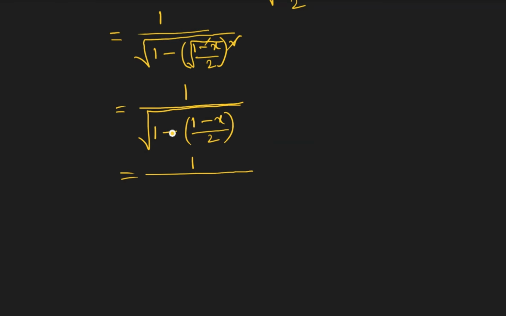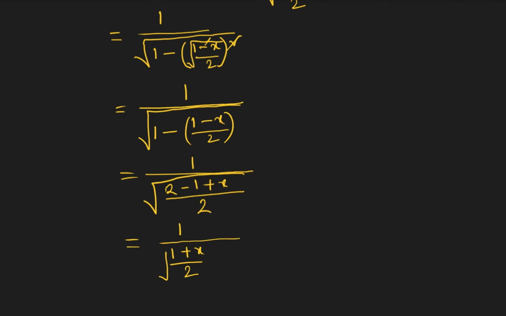So here will be 1. Actually, let's do one thing here. The LCM will be 2. So it will be 2 minus 1 plus x. So what we have got here is 1 over square root of 1 plus x over 2.